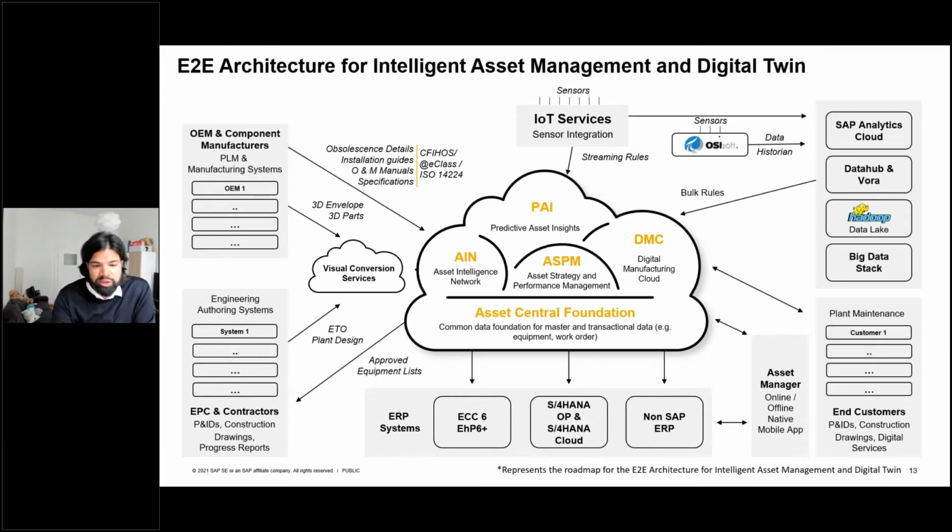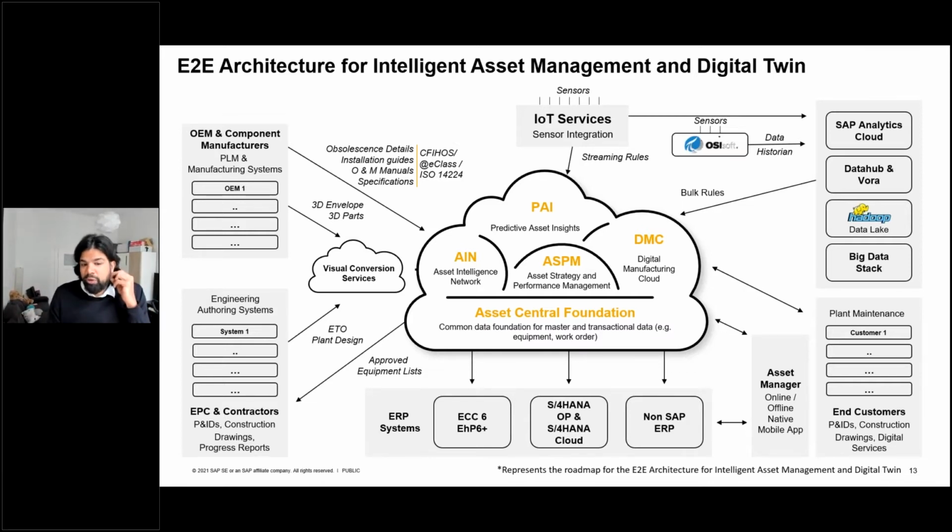And I will leave you with the overall architecture diagram. Please don't be scared. Before I hand over to David to explain what Asset Central Foundation is and what our solutions are, just to give an overview, if you look at the center, this is our cloud portfolio with the different solutions over there.